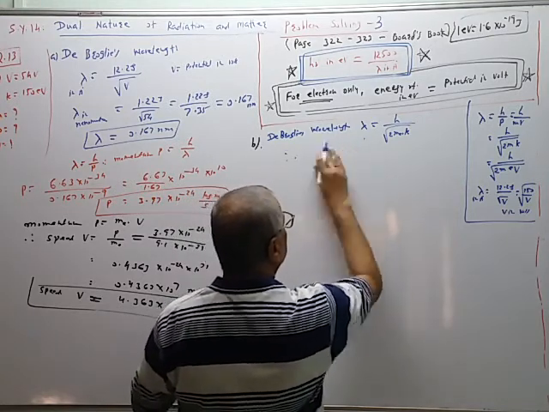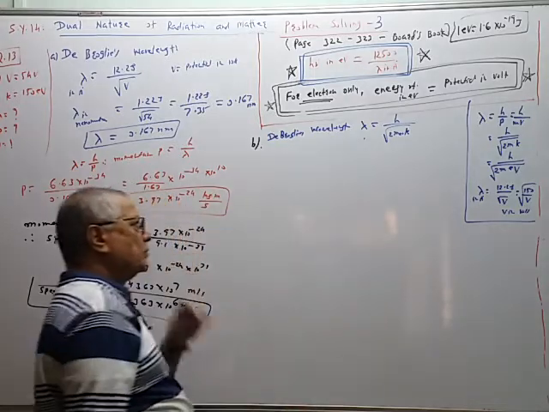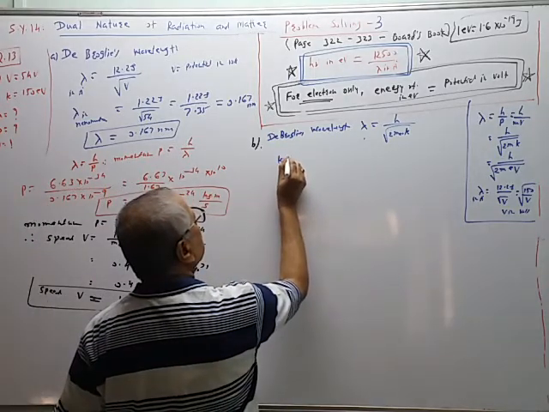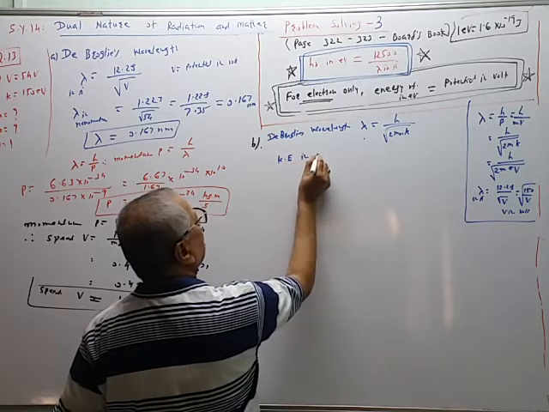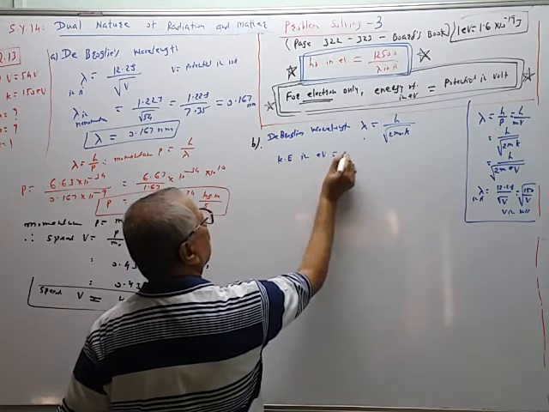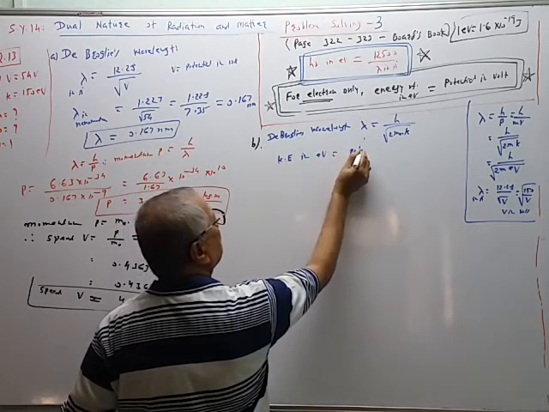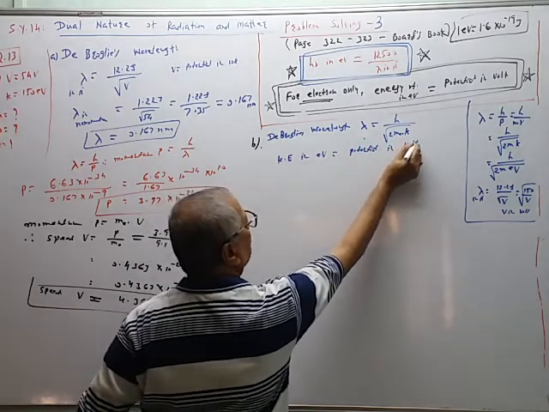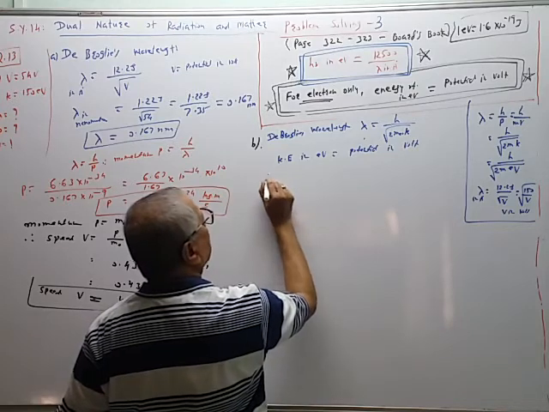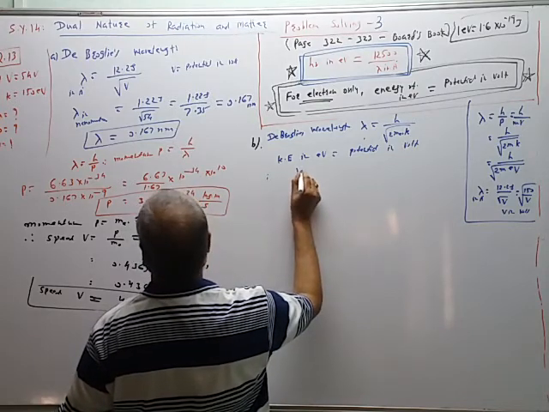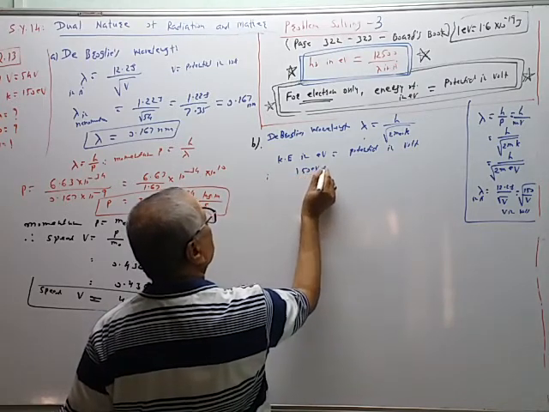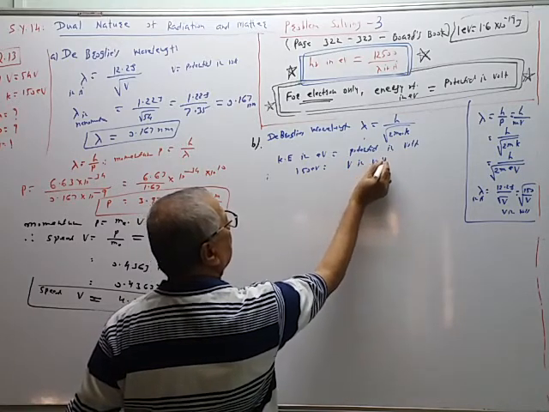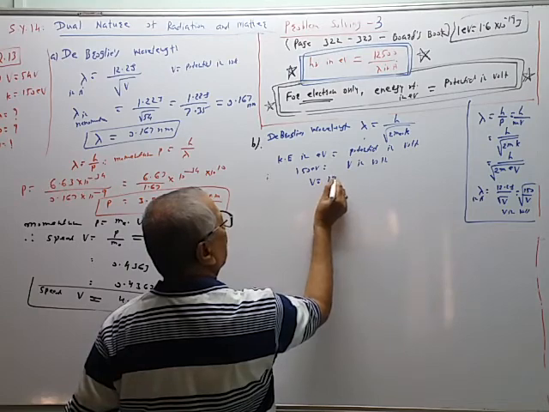The other method is like this. Kinetic energy in electron volt is equal to potential in volt, and therefore kinetic energy is equal to 150 electron volt. Therefore this potential in volt V is equal to 150 volt.